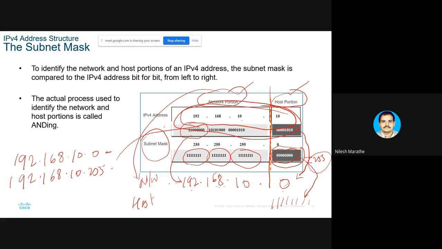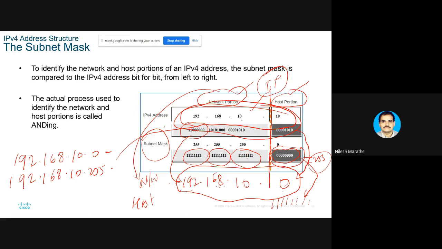Whereas the zeros in the subnet mask replace the bits in the IP address with 0, and the result is the network address, the network ID to which this particular IP belongs.